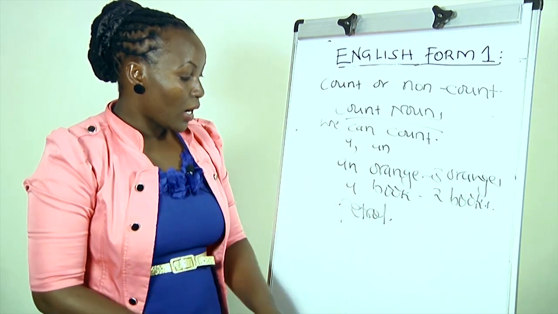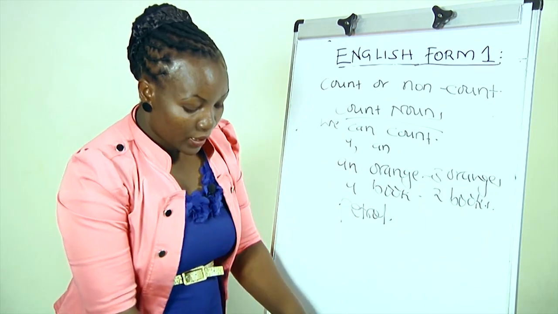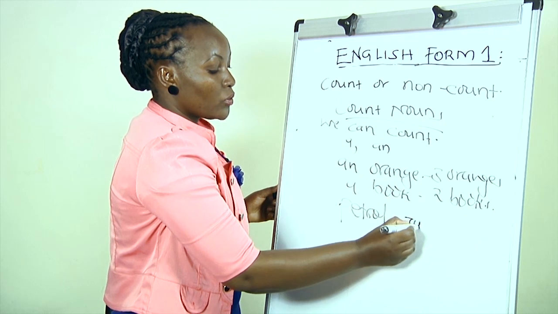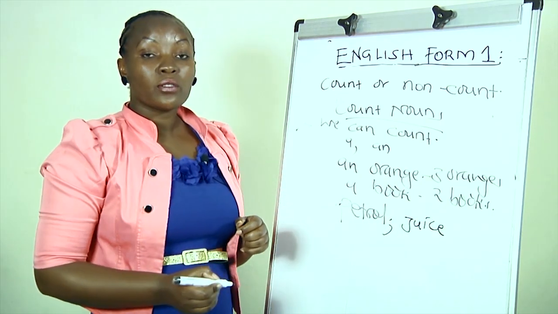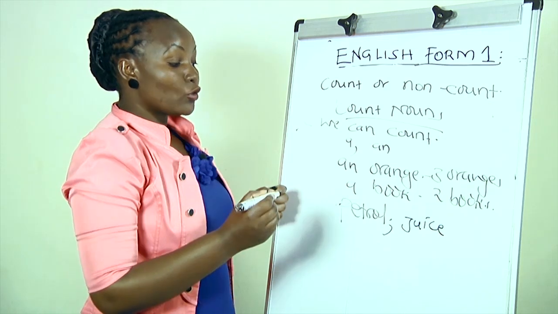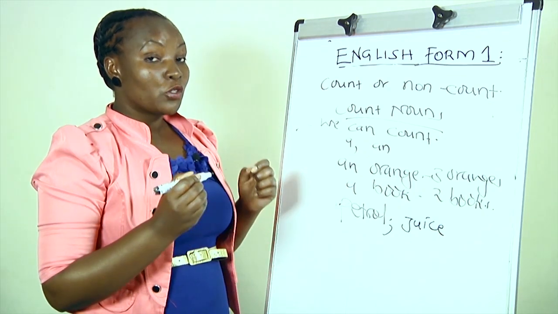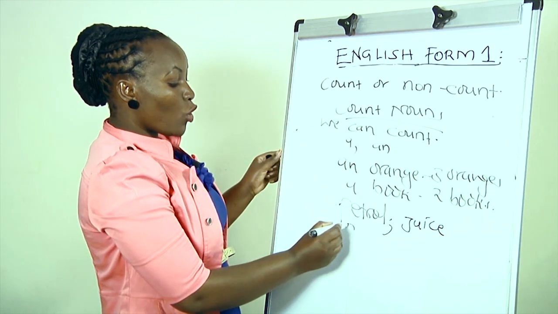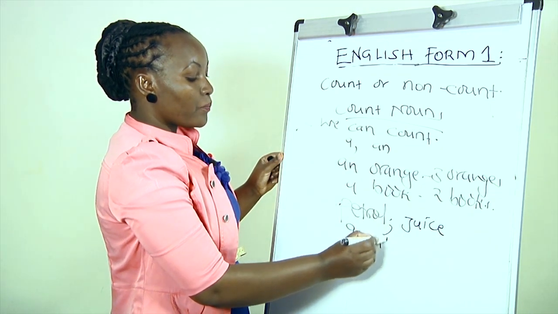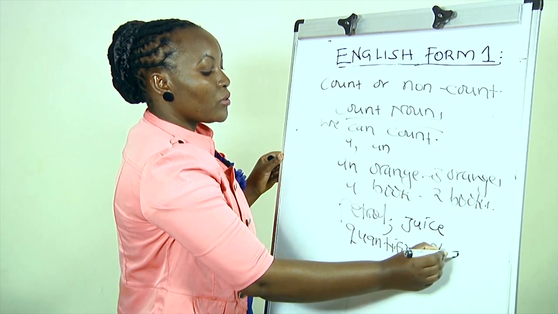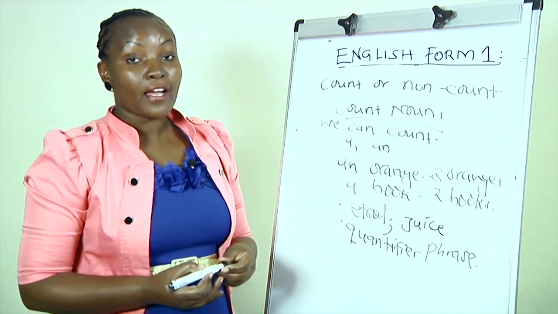And another good example would be juice. You cannot count juice, but at least you can say, give me a glass of juice, give me a bottle of juice. So you are using something we call a quantifier phrase.